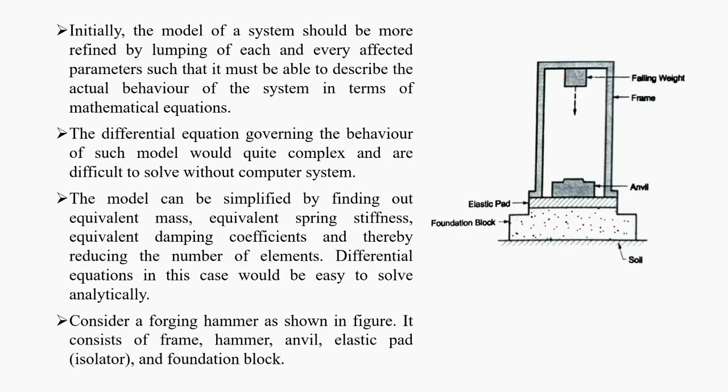Now, as the frame and anvil are separated from the foundation block by means of the elastic pad, we have to consider the mass of the foundation block separately. Then the elastic pad and soil have both elastic property and damping characteristics. So for that purpose we need to consider two spring elements and two dampers.